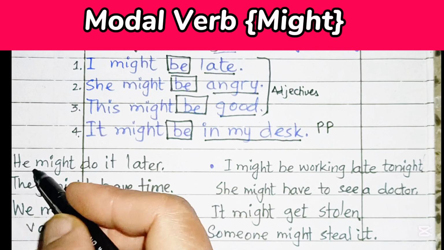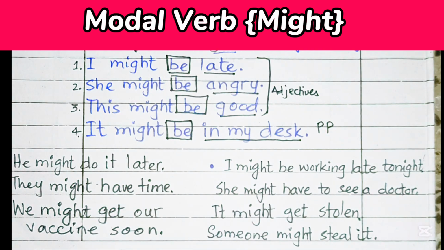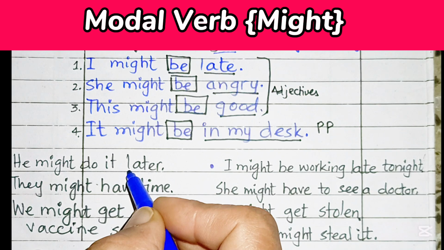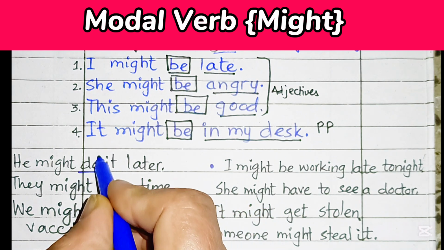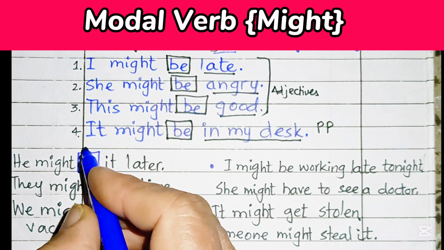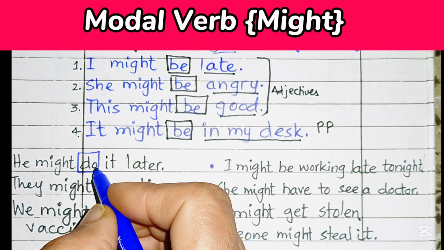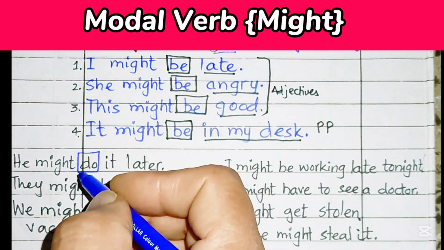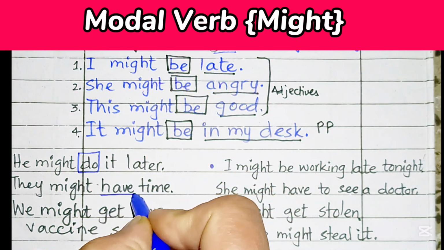Now, look at some more examples. He might do it later. Here is the main verb do. And here the main verb have is being used.